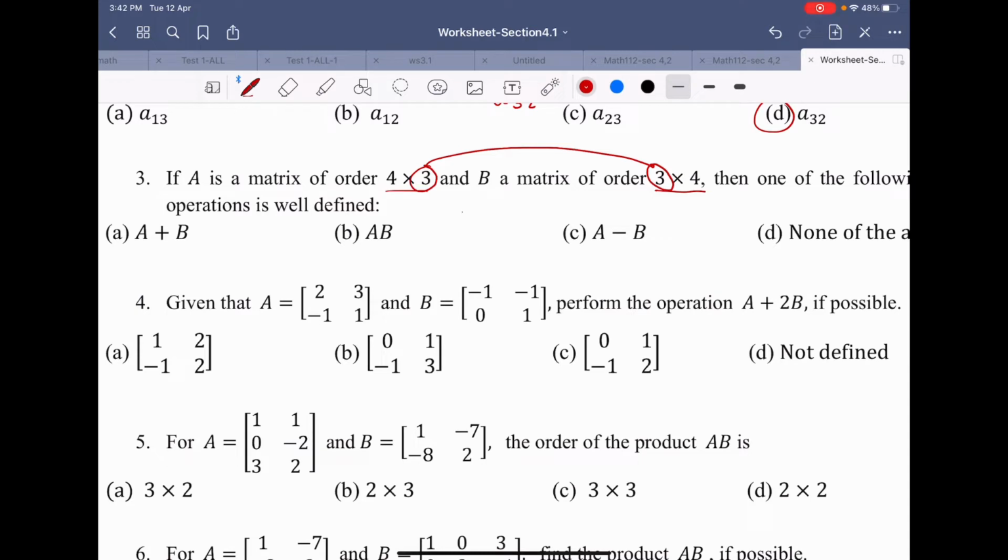So this is verified here, and that's why we can multiply these two matrices. But in the plus and minus, we can't do that because they have to have the same order. So the answer is B.